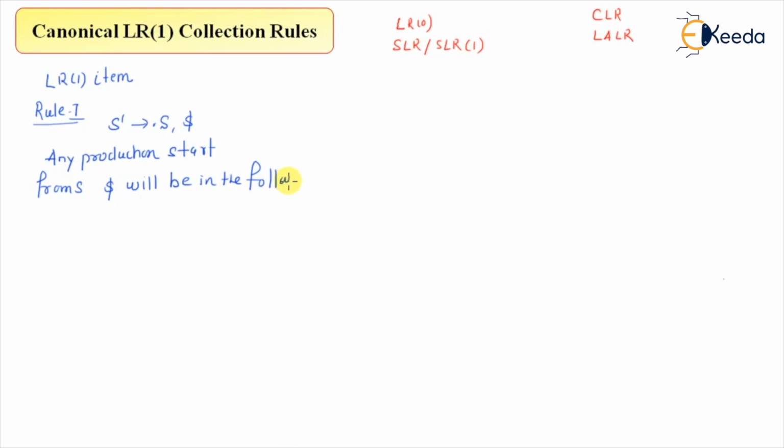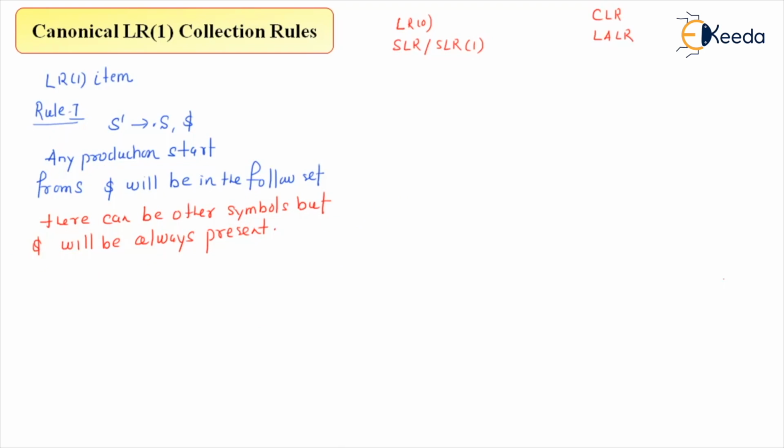So we have to include dollar, but there can be other symbols too. That doesn't mean that only dollar will be present; there can be other symbols, but dollar is mandatory and will always be present.